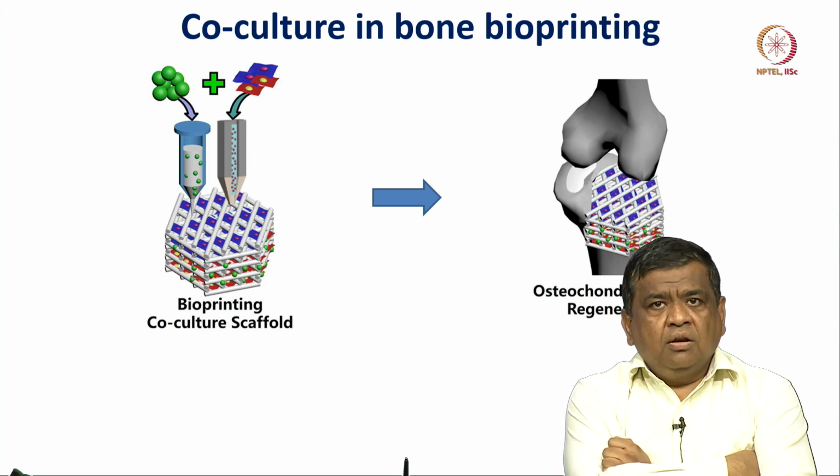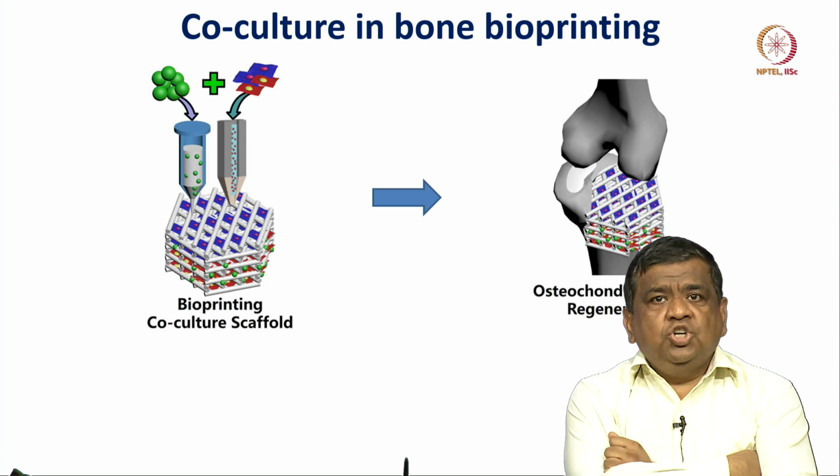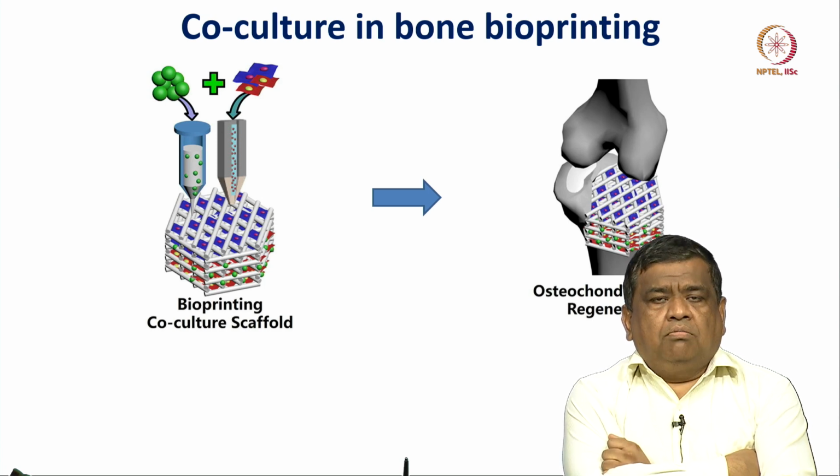Osteo means bone, chondral means cartilage, so for bone-cartilage tissue regeneration, you can culture it, grow it, mature it, and then it can be used to treat osteochondral defects.